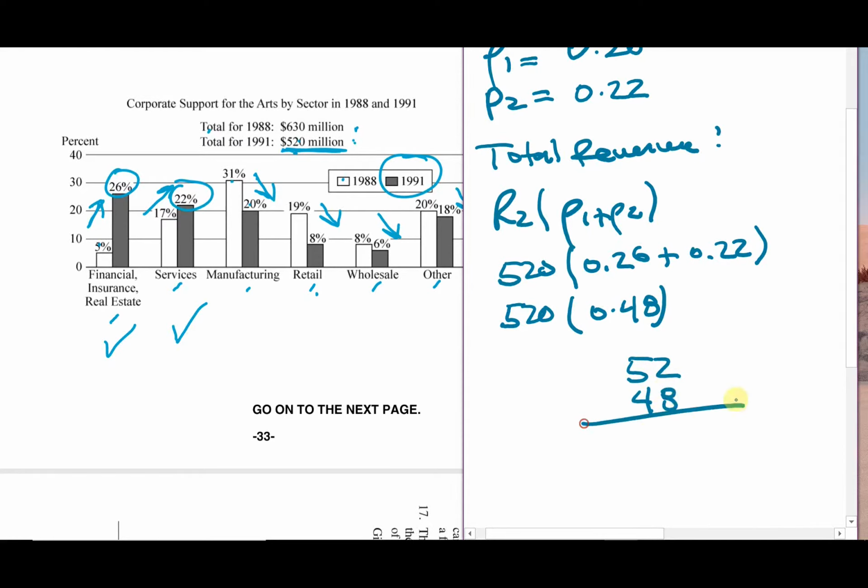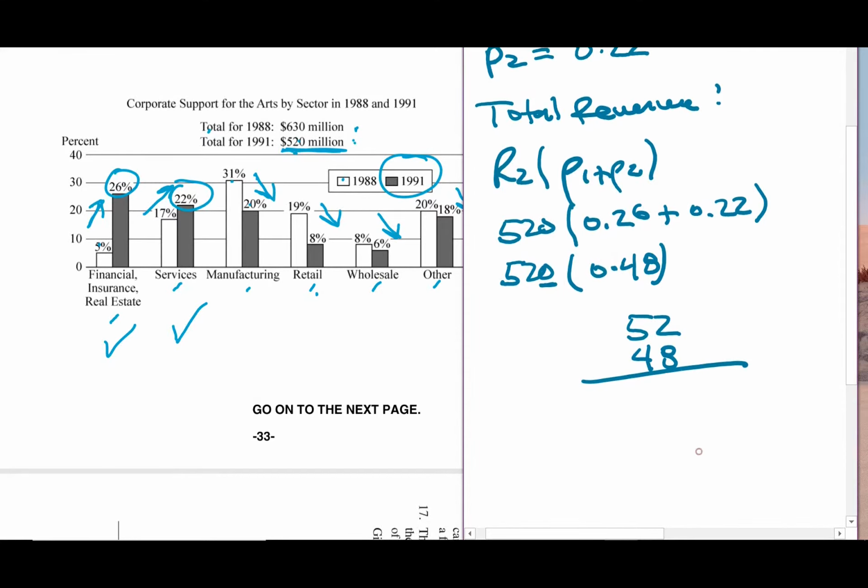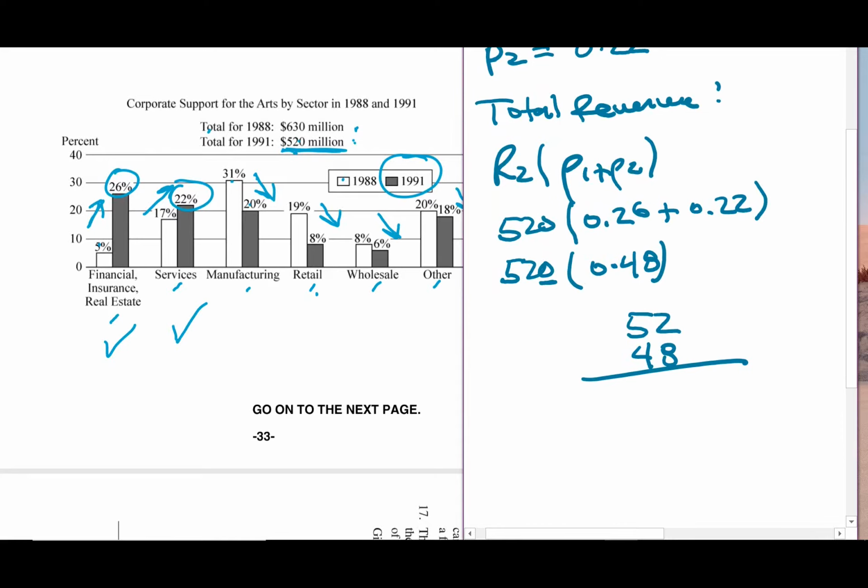The reason I did this is another way, if you need to multiply very quickly and you have zeros in place, I'm not considering this zero place right now, and I'm not considering the decimal. I'm going to show you why later. Essentially, if I multiply by 520, you're just adding a 0 at the end anyways. So right here, this is simplifying the process.